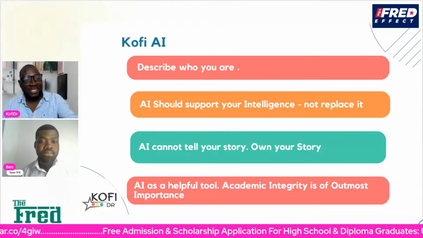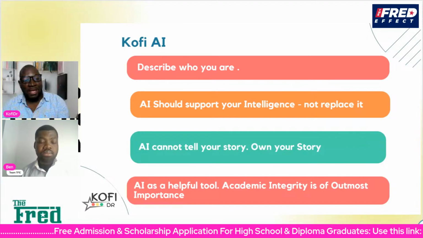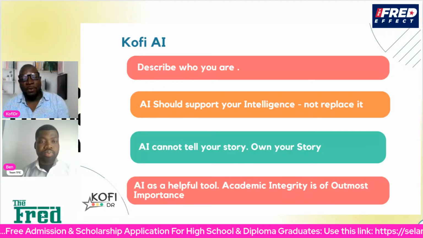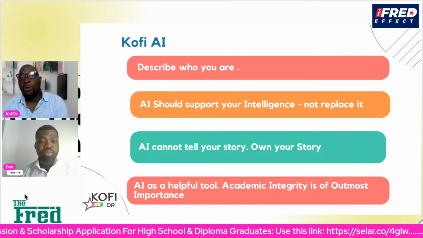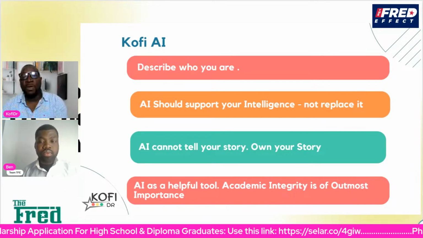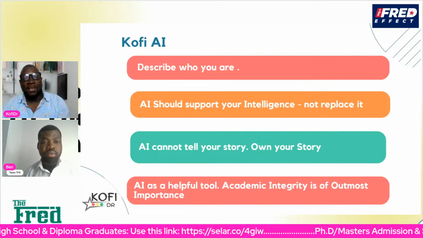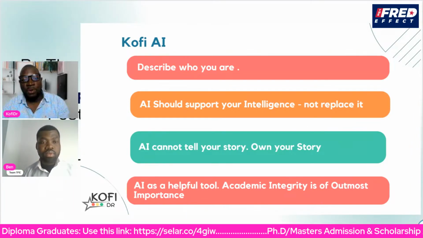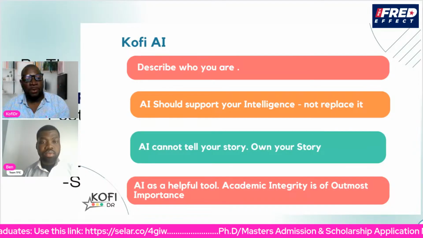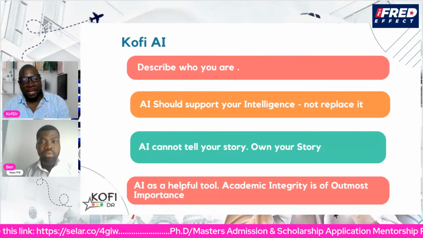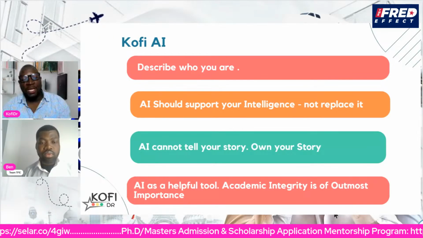So first thing that I will do is, anytime you go to any AI prompt, you have to describe yourself and what you want the AI to do for you. So if, let's say, you are a potential student who wants to embark on this whole study abroad process, then you would have to describe yourself to the AI as such.